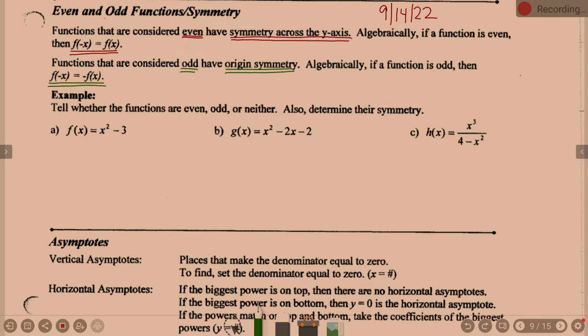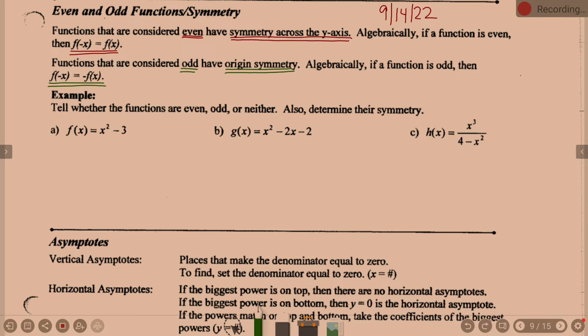Okay, and so our directions ask us to tell whether the functions are even, odd, or neither and determine their symmetry, which kind of goes along with it. I'm going to look at this algebraically first, because algebraically is the part that is, I think, important, but sometimes a little bit harder for students to know what to do. And then we'll follow up with the graph.